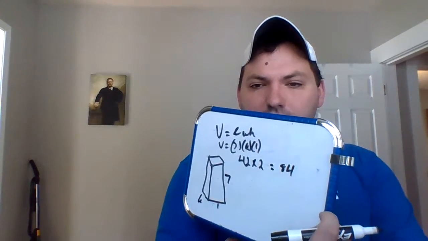Now, that just tells me I'm going to find a volume of length times width times height, and I'm going to plug in 7 times 6 times 1, which is 42 times 2, right? Because we have 2 legs on the table. 42 times 2 is 84. Okay? 84. So that's for the legs.